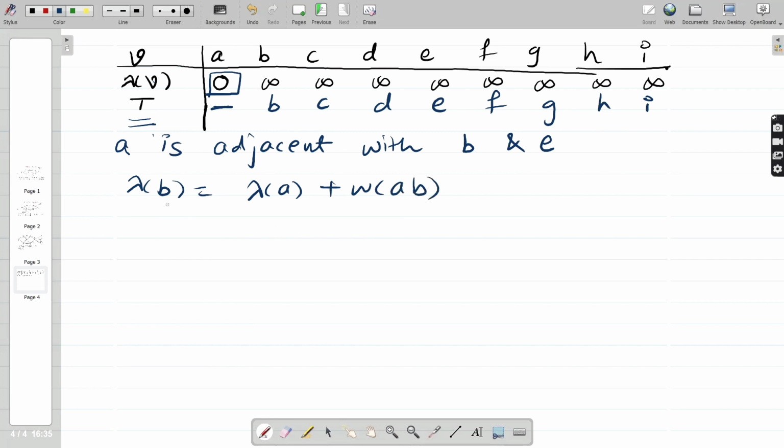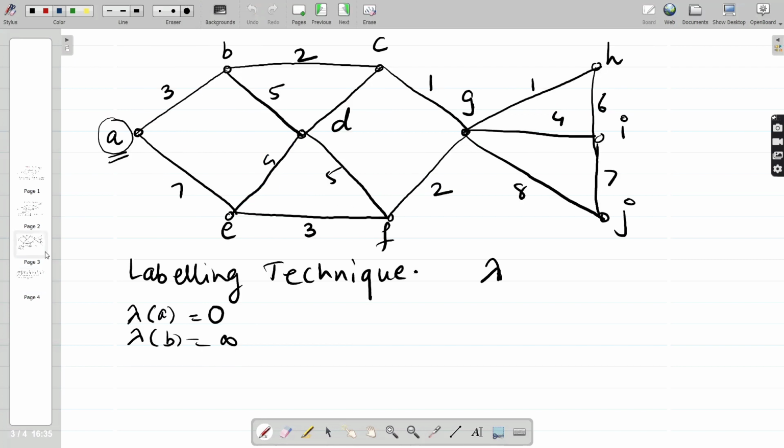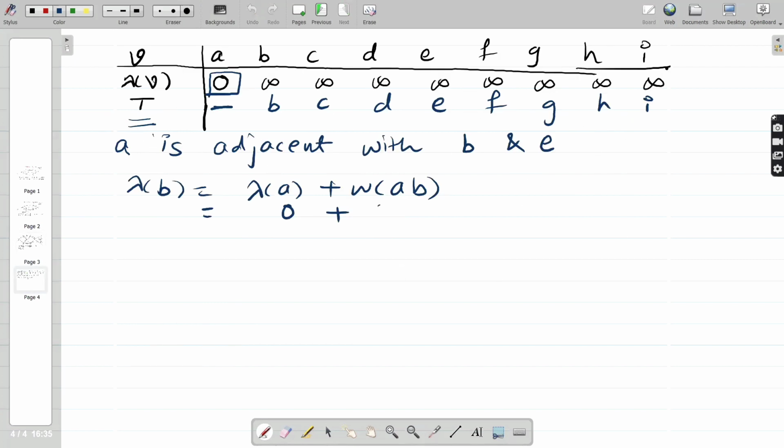Here lambda A is 0 and the weight of edge AB is 3, given in the graph. So that is 3, which is of course less than infinity. So we will replace infinity by 3 in the next table because we are ultimately interested in finding the shortest path. So we should go on choosing the minimum values which are available.